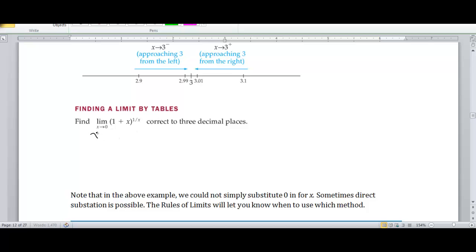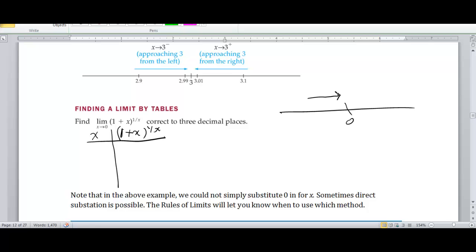So I'm going to choose x, and let me call this f of x. Let me write it out for you: 1 plus x to the 1 over x. Okay. Now let's think about x equals 0. If I approach 0 from the left, what numbers am I going to be looking at?